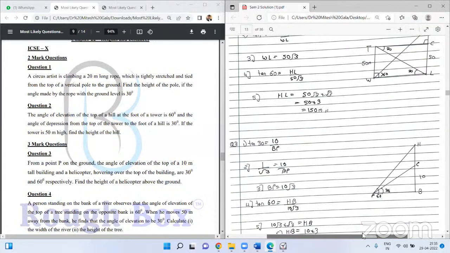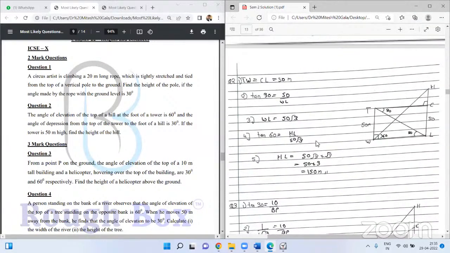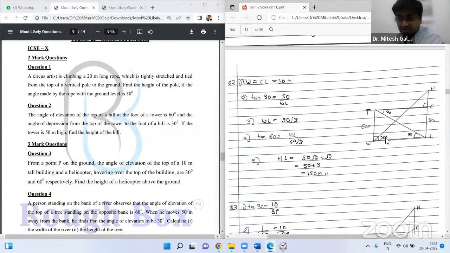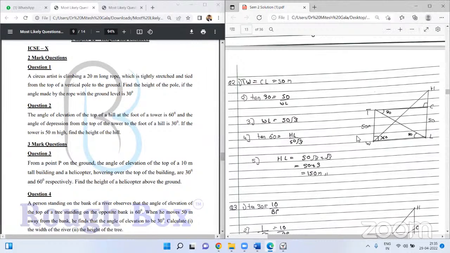So can you explain it again? See, first, this is 30 and this is 60. So you take triangle TWL, apply tan and get WL. Then take triangle WLH. You know the base, apply tan again. So opposite HL upon WL, you will find HL. Getting it? Yes, sir.